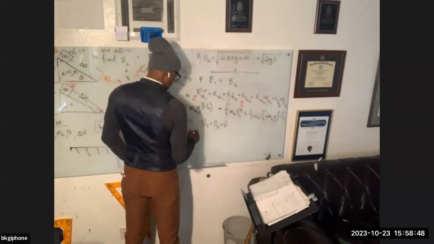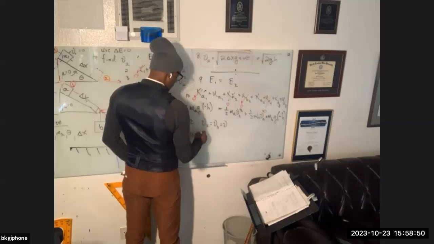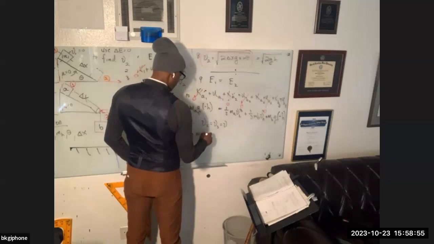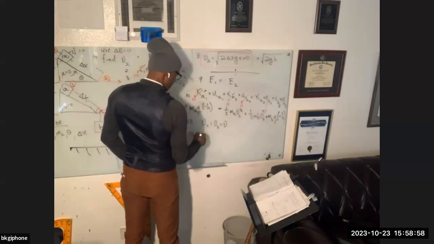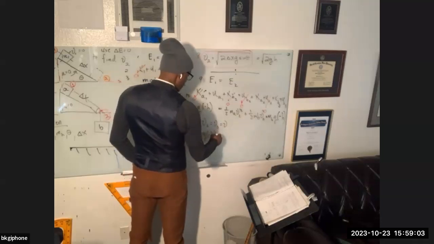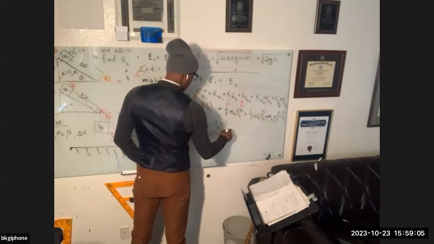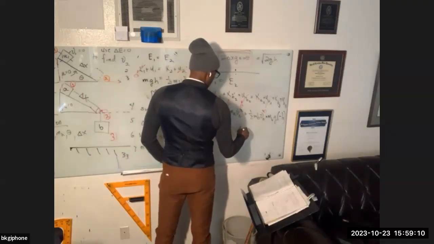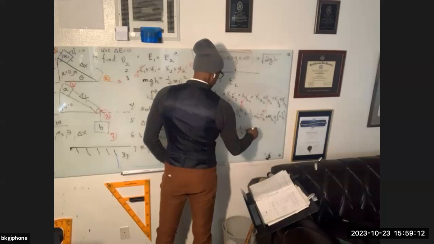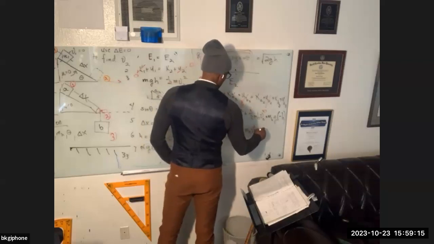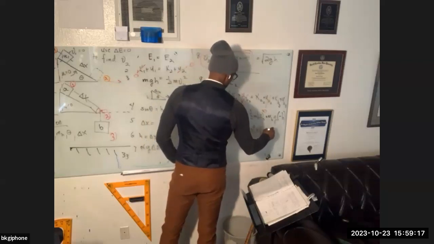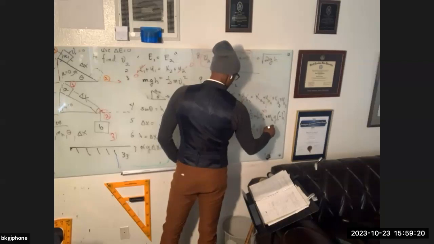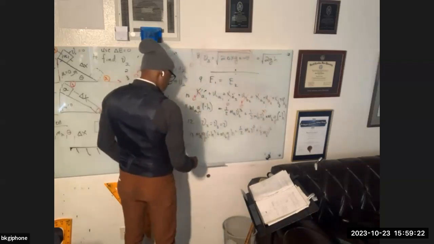So I'm going to have m_A g minus h, and then plus m_B g h. And then this guy is going to be 1/2 m_A v squared plus 1/2 m_B v squared. Okay.